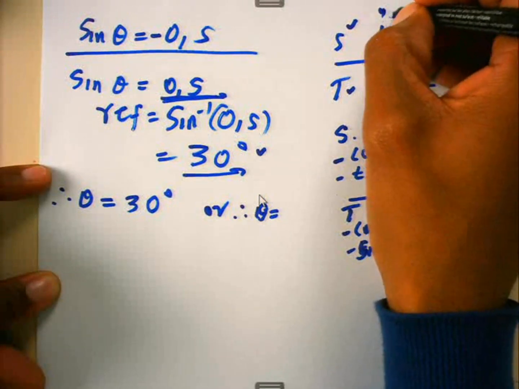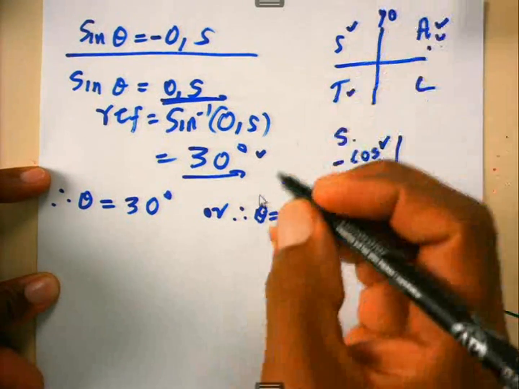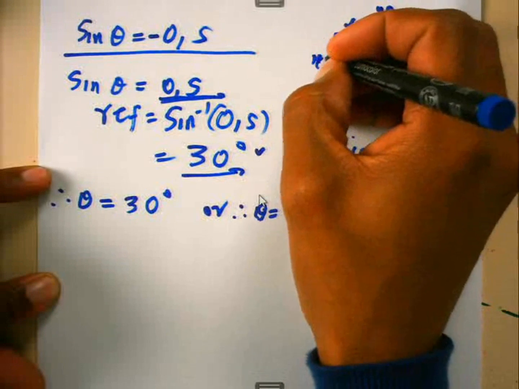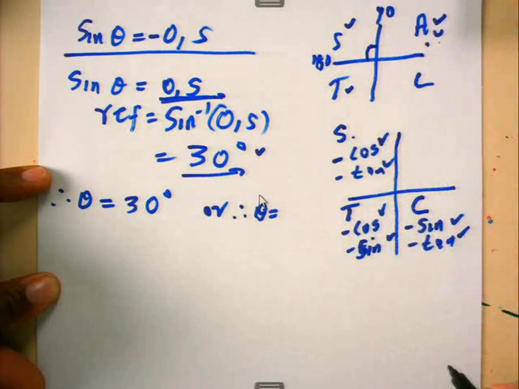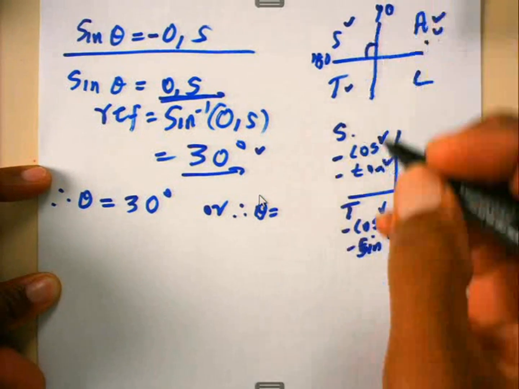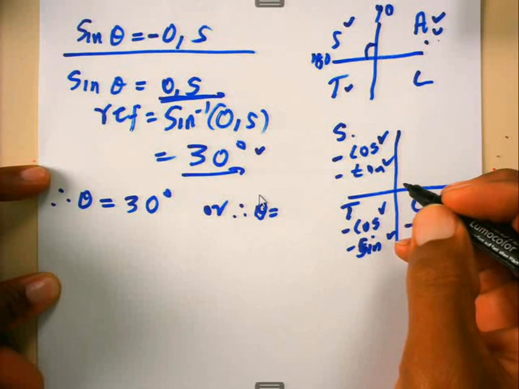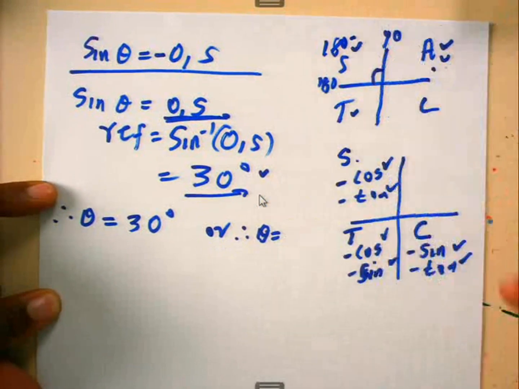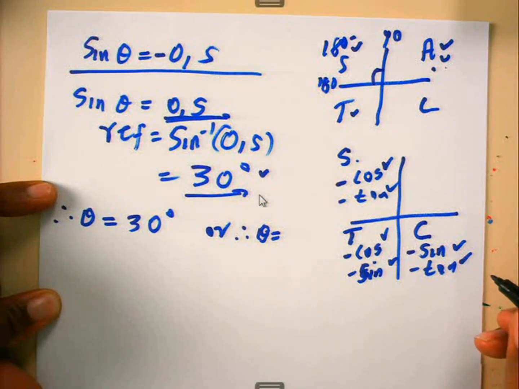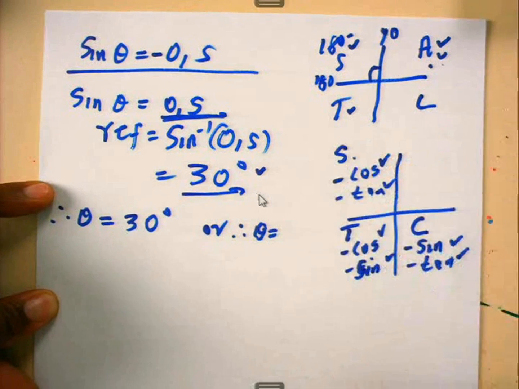So this one here is 90 degrees, and this one here is 180 degrees. The angle that we are talking about is in this quadrant. How do I determine this one? You remember when we applied the reduction, we said this is 180 degrees minus. That's exactly what you're going to do here.